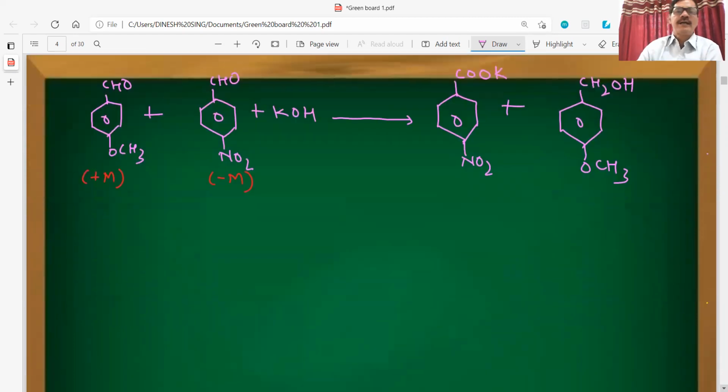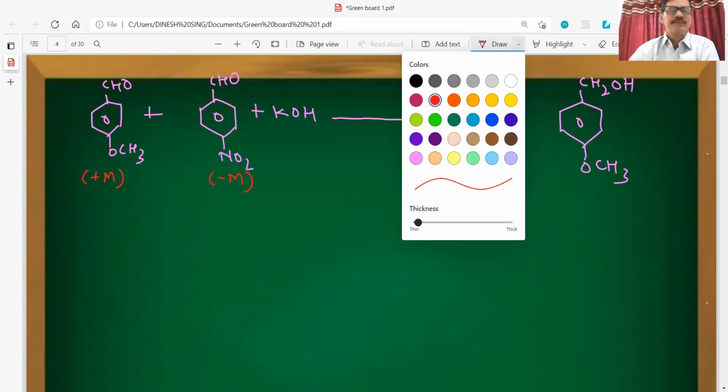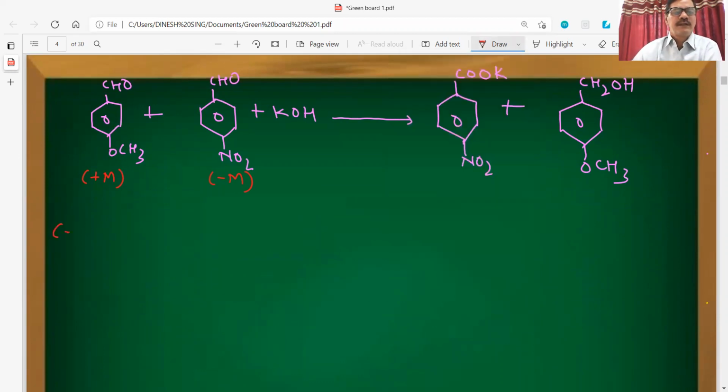Again, the third case is the intramolecular Cannizzaro reaction.